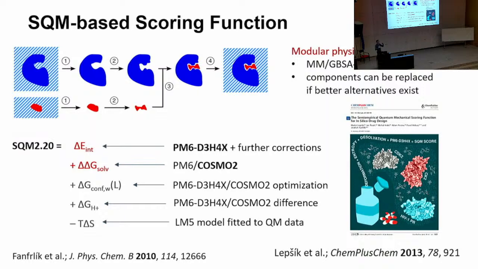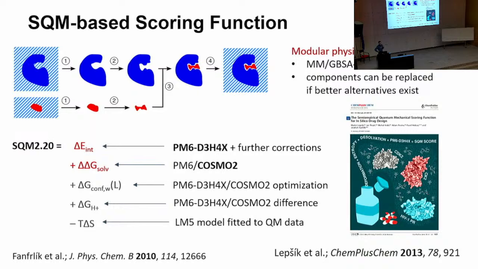Obviously, in reality, everything happens together and is more complex and is linked, etc. But this is done in order to have clearly defined terms, similar to MM-GBSA methods. And the difference is that we use SQM for the interaction and solvation, as we saw.